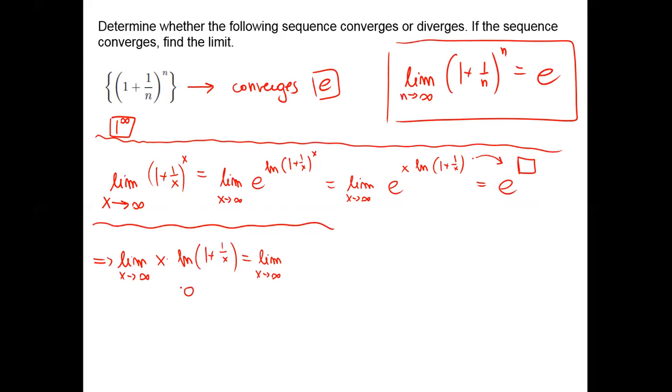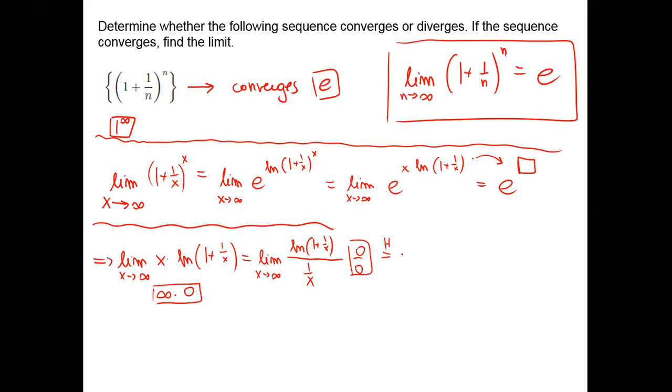But we do have 0 times infinity. We have the indeterminate product form. In order to apply the L'Hopital rule, I need a quotient, 0 over 0 or infinity over infinity. That means I will rewrite this as a quotient. ln of 1 plus 1 over x will stay on the top. And instead of multiplying by x, I will switch to dividing by 1 over x. And now I have 0 over 0.